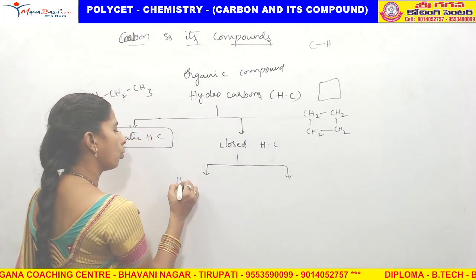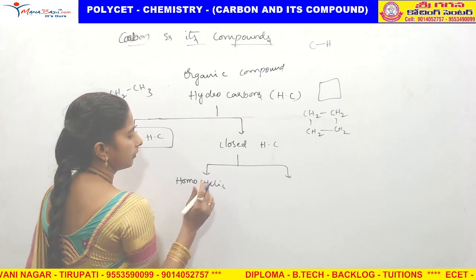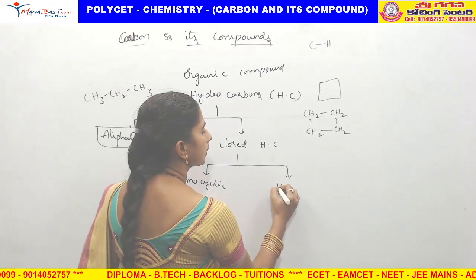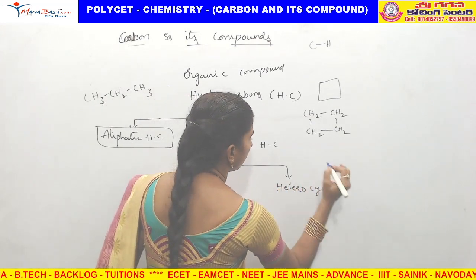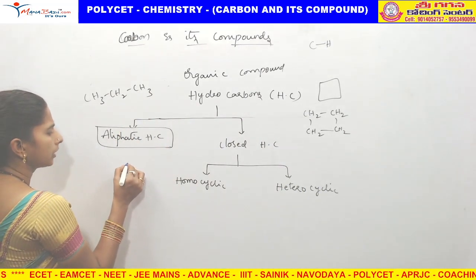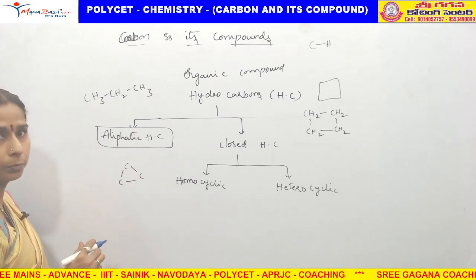That is homocyclic. Always we are going with homo and hetero. This is heterocyclic. What is homocyclic? For example, this is a ring structure. I hope you understand.